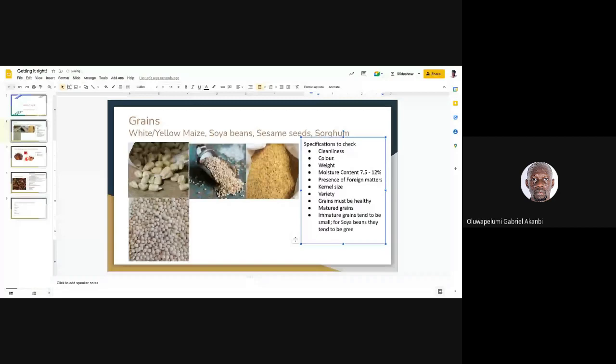Anything out of that, the grain quality tends to fall and is generally not accepted by our buyers. So these are just highlights of additions to what Mr. Abdul was outlining. Thank you.